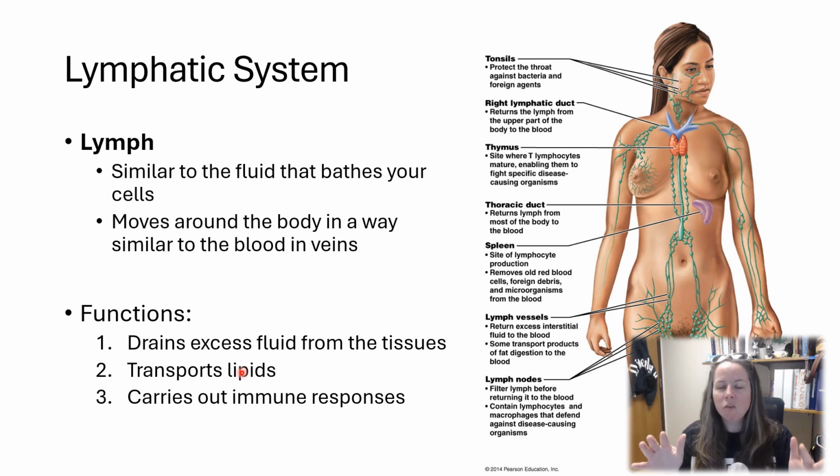But just as a little teaser, when you eat food, your sugars and your amino acids are all absorbed directly into your bloodstream, but fats are a little different, and they have to be packaged and sent through the lymphatic system first before they get into the cardiovascular system.